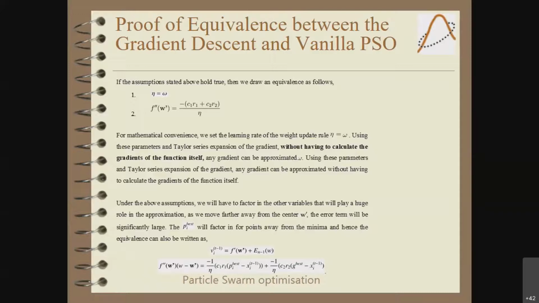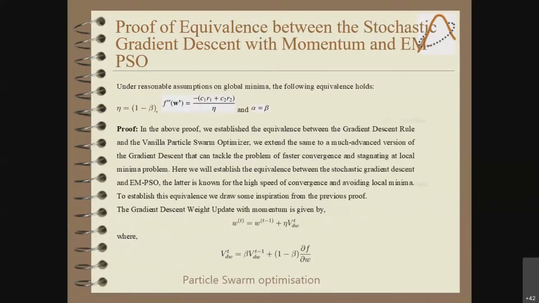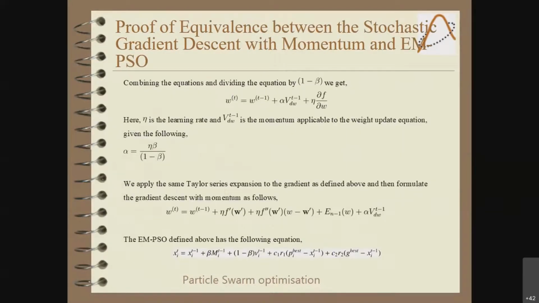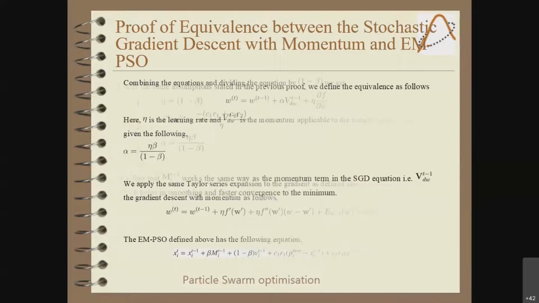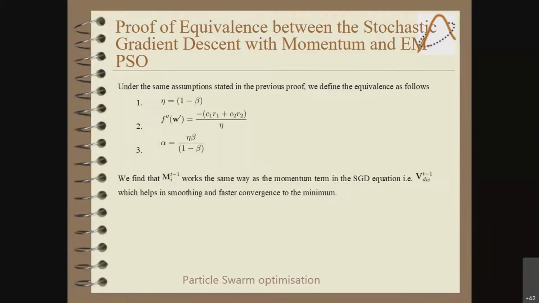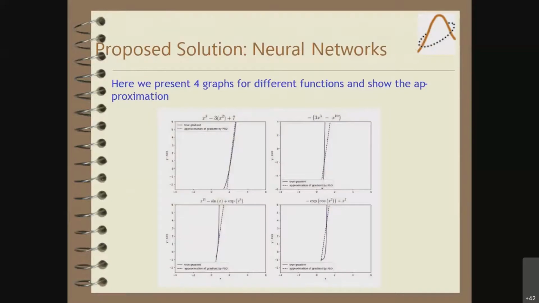We have also proved equivalence between stochastic gradient descent and the parameters of our particle swarm optimization, which are the next two slides. I don't have the time, but once again, we do have a bunch of equivalence relations that come out of this. Okay, all right. And this is one example where I wanted to show you how good our approximation is.